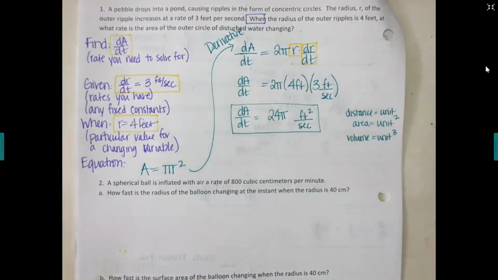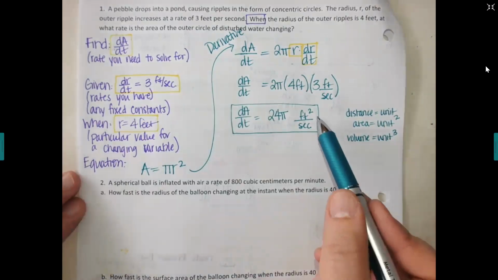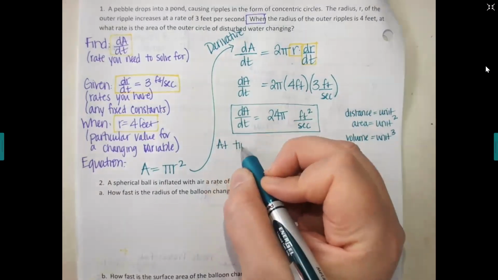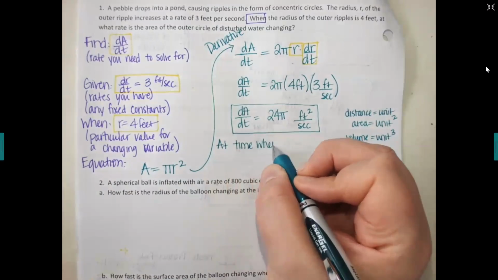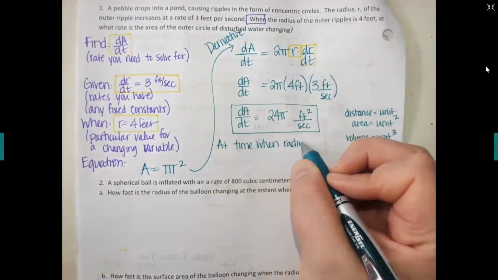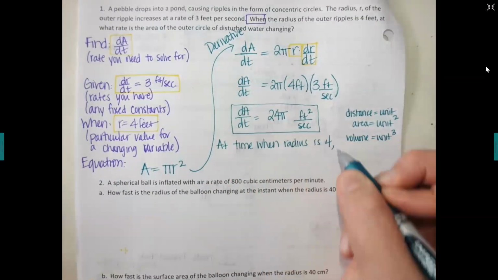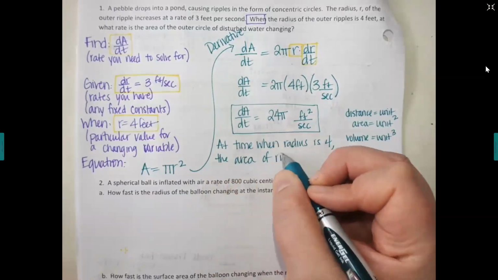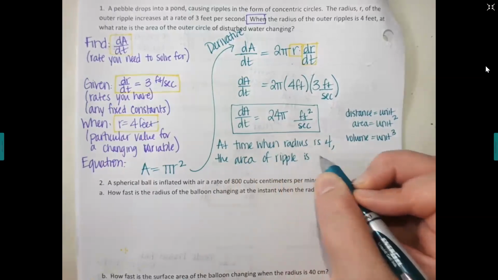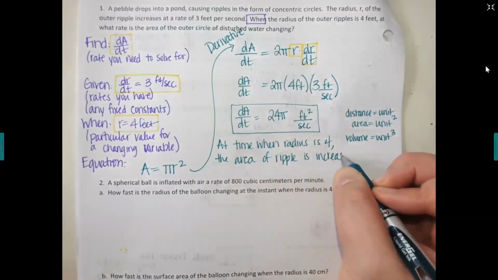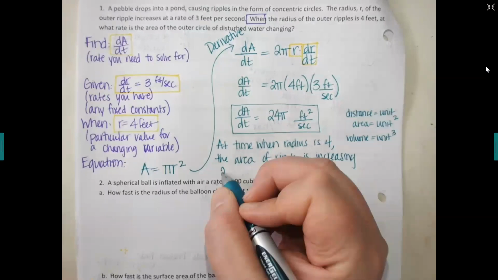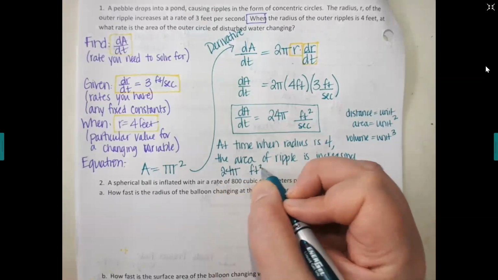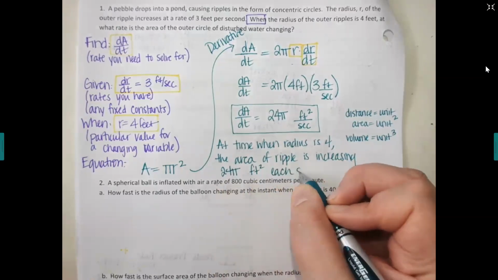Okay, last thing I want you to do is write a little sentence to write what this means. So we're going to put, at the time when the radius is 4, the area of the ripple is increasing 24 pi square feet each second.